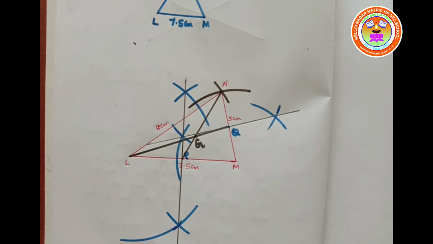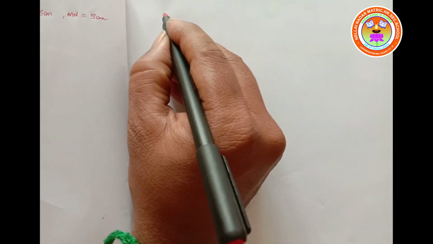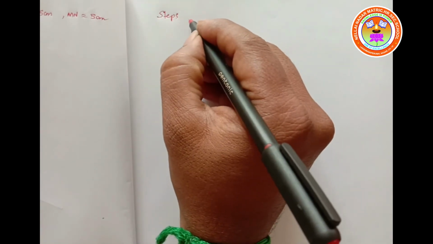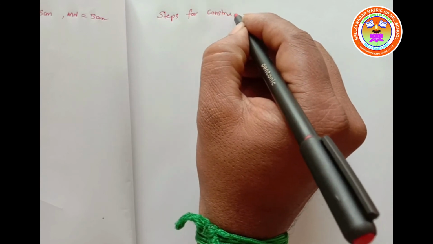It's clear, children? Now you are going to write the steps for construction. Steps for construction.